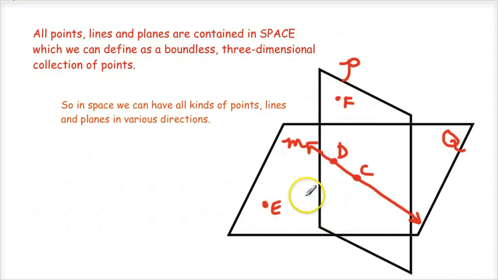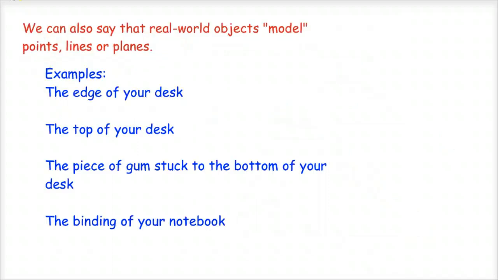So they're only coplanar if they're on the same plane, or collinear if they're on the same line. So those are just some of the different things that we'll see when we're working with points, lines, and planes, and some of the different arrangements that we could possibly have.